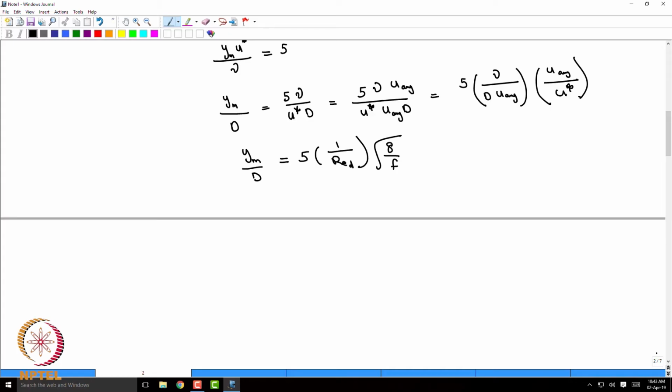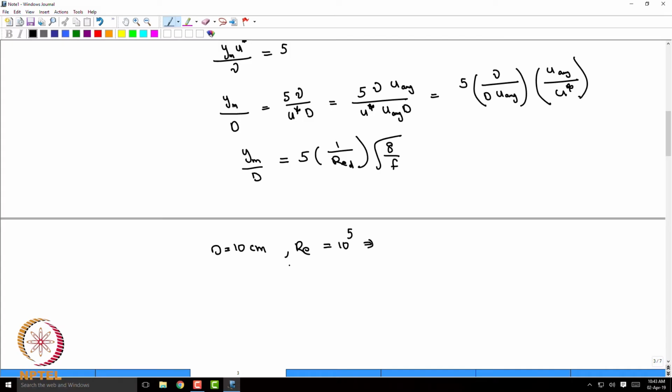Okay, so this is what the thickness of the wall layer is going to be compared to, let's say, the diameter of the pipe. Let's say you take a pipe of 10 centimeter diameter, and let's assume that the Reynolds number that I have is 10 raised to 5.